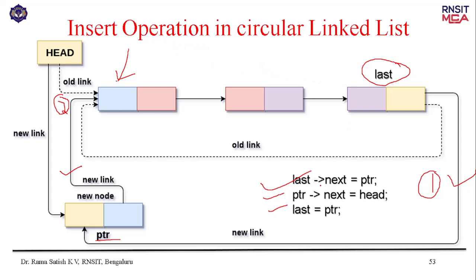The last node's next pointer you point to PTR, PTR you point to the first node, and move the last pointer to PTR. Automatically the old link will terminate and the new link will come. So this is the first node, second node, third node, and the last node, because last is moved here. These are the three steps that you have to do for the insertion operation in a circular linked list.